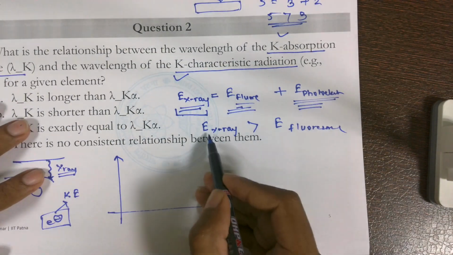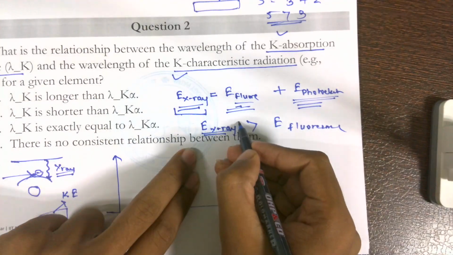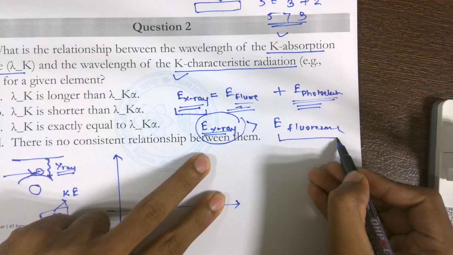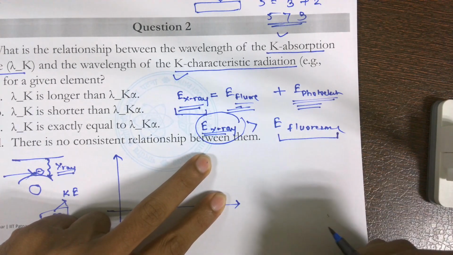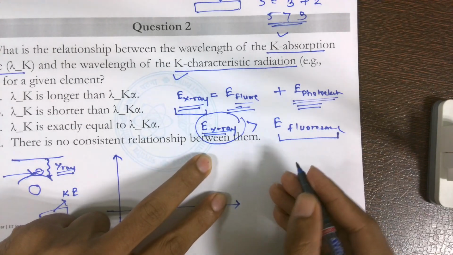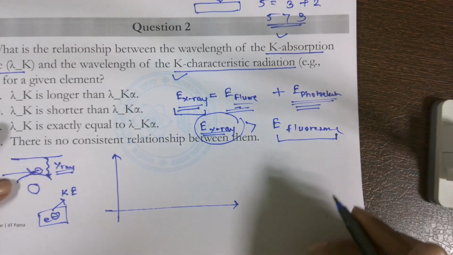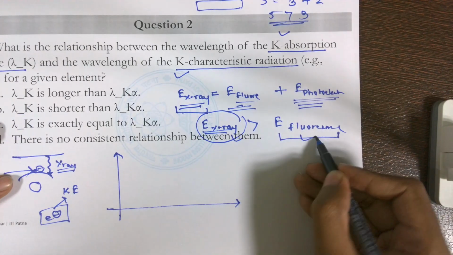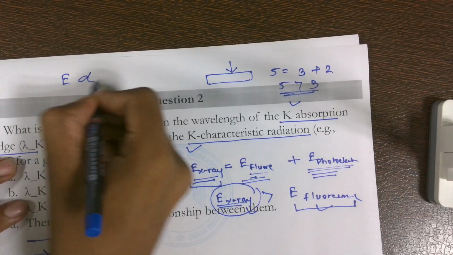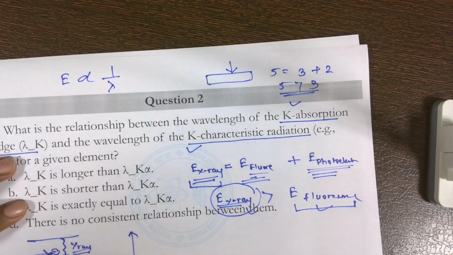Simple. So now from here we got that the amount of energy that will be absorbed in the material will be greater than the amount of energy produced in the X-ray to produce the phenomenon of fluorescence. Now we know that the energy is inversely proportional to the wavelength.